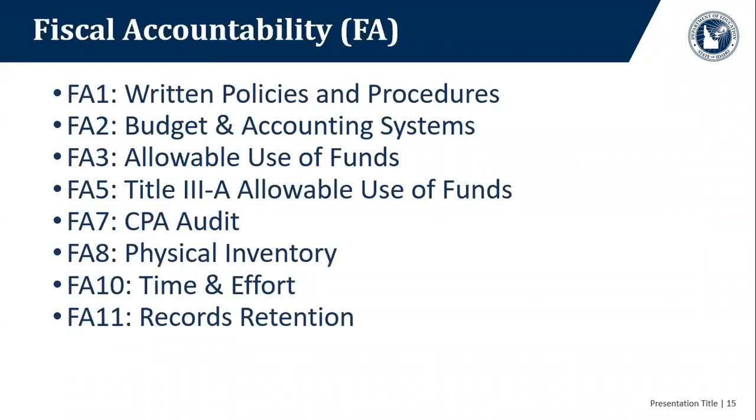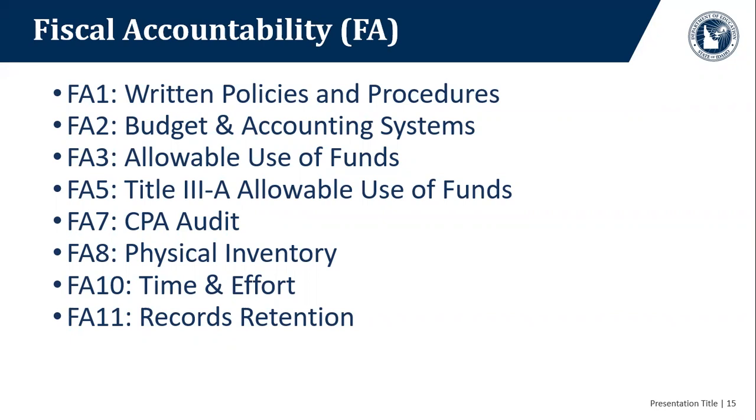I'm going to briefly show you the indicators that may fall under Title III. And if you want more information, please review the fiscal accountability presentation that will go through each one in detail. But the following indicators will have some information on Title III if you have a Title III program. So written policies and procedures, budget and accounting systems.